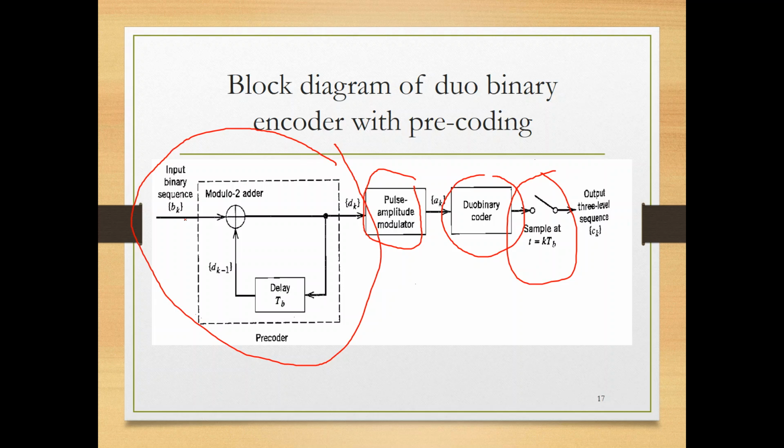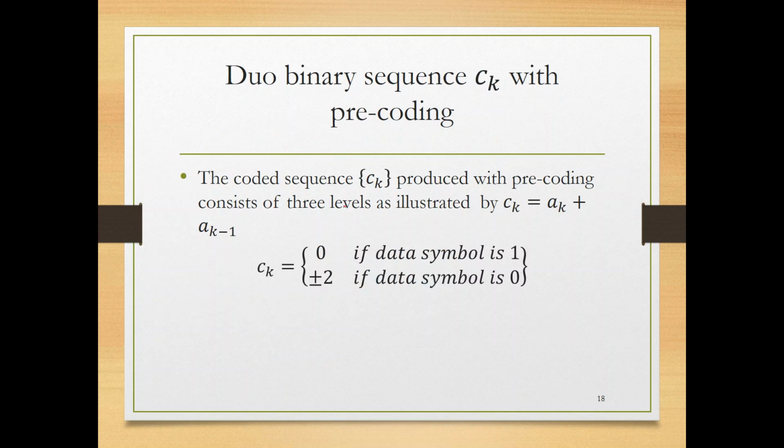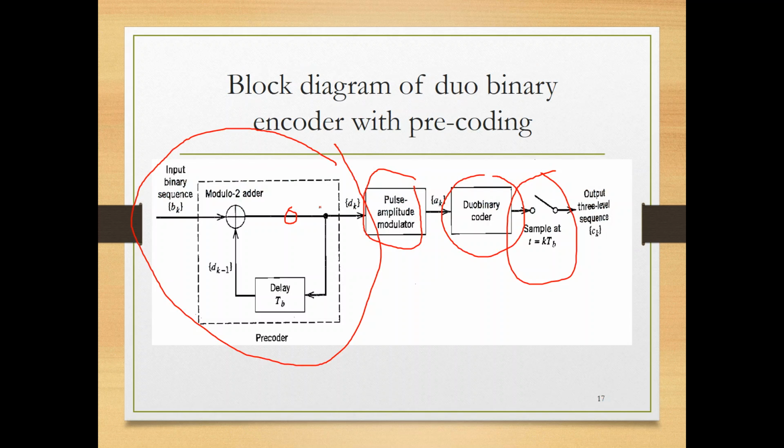You have your input binary sequence PK, and this is modulo-2 addition, an XOR operation basically, and you take your output data stream and delay it by TB, and then you XOR it with the input binary sequence to get the new sequence. We call the new sequence the precoded data bit sequence, and by doing so we can avoid the error propagation problem.